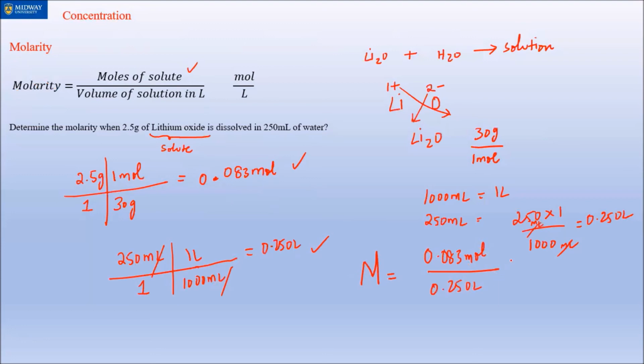So divide by 0.250, and the molarity is 0.333 moles over liter. Or you can also write it as 0.333 uppercase M. Yeah, they both are right.